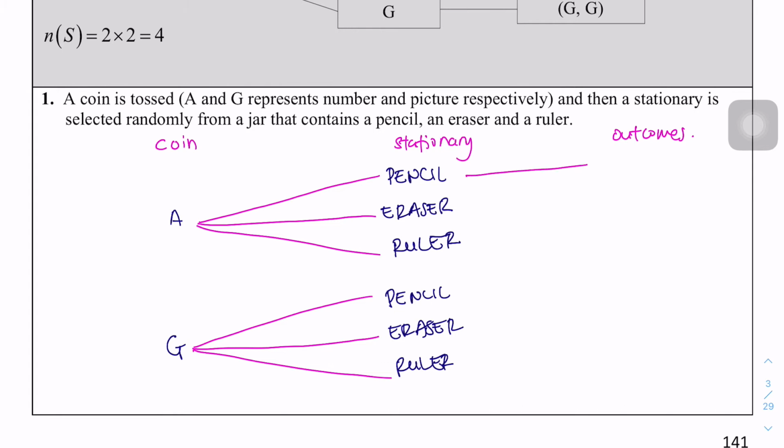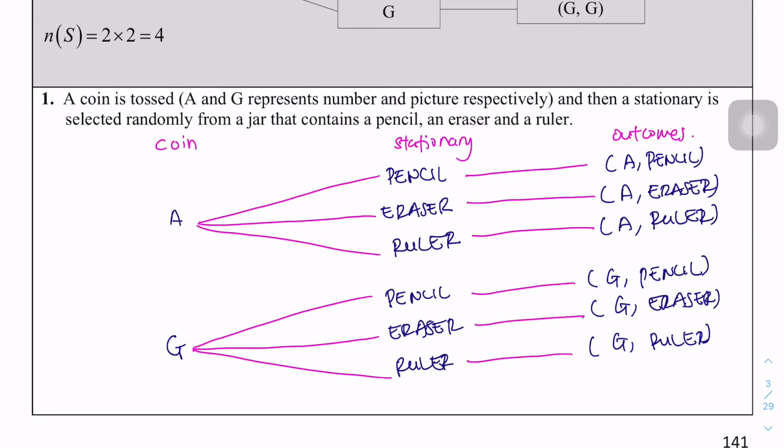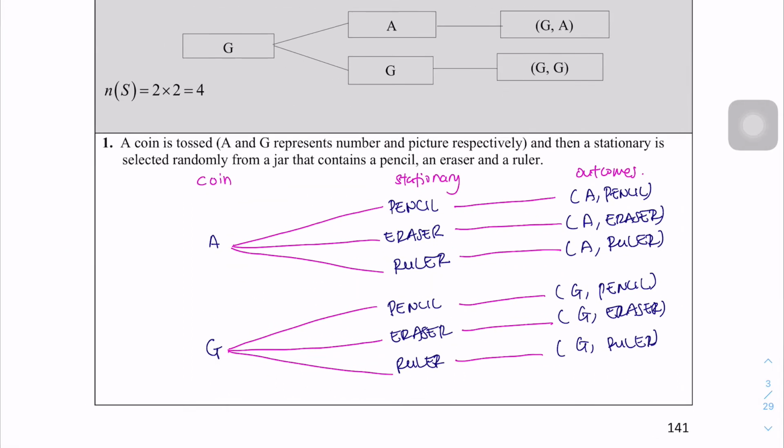So the outcomes: we have maybe A pencil, maybe A eraser, maybe A ruler, or the next possible outcome, maybe G pencil, maybe G eraser, or maybe G ruler. Can you see? This tree diagram is actually easy. You can see all the possibilities that exist.